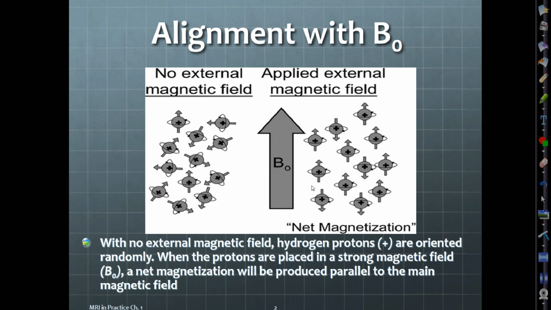But once we put the patient inside our magnetic field, they align either with or against B sub 0. You're going to get an excess of hydrogen spins that align with B sub 0, or you could also say align parallel or spin up, and those spins have low energy. And that excess, so you add up those little vectors, and that creates our net magnetic vector.